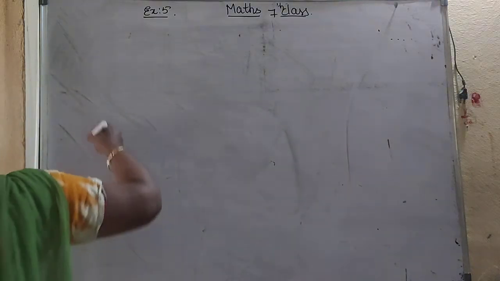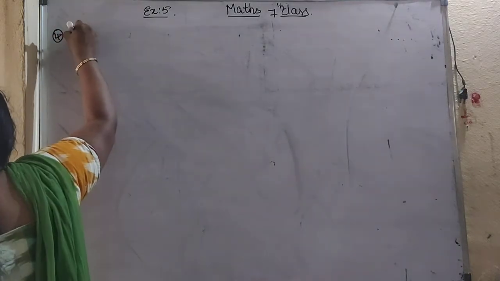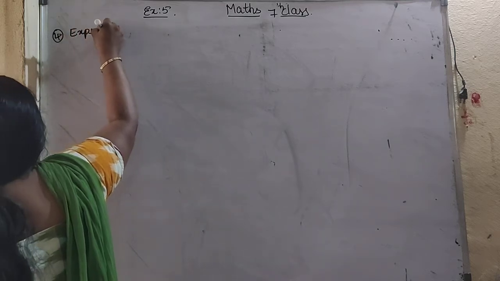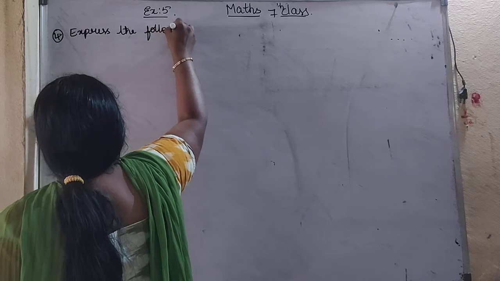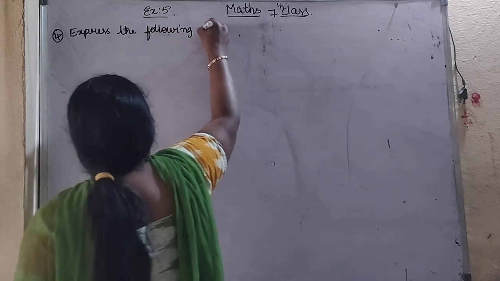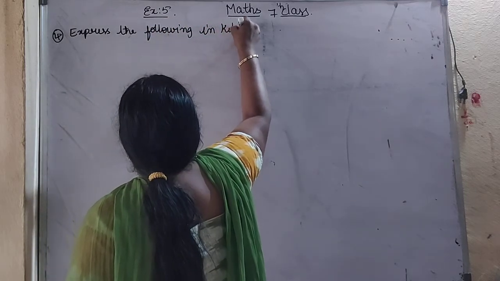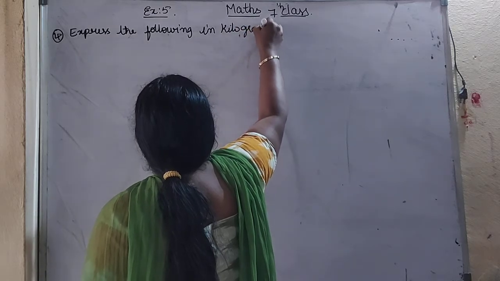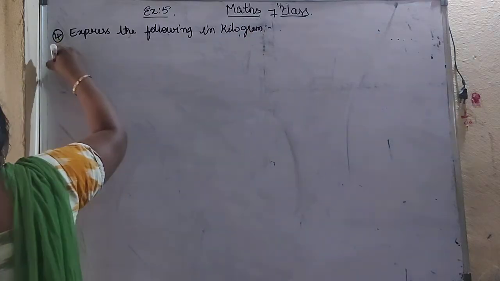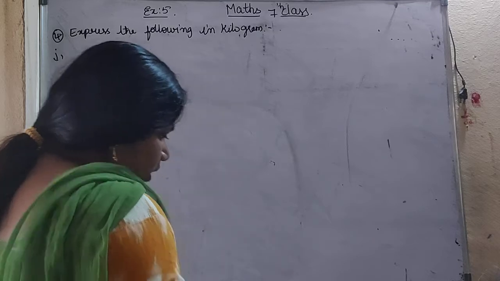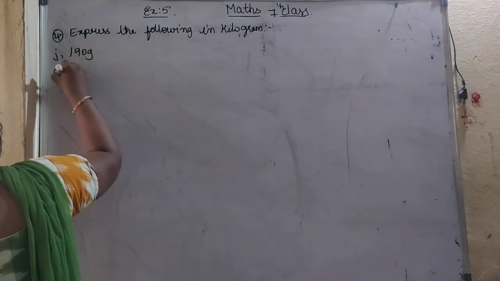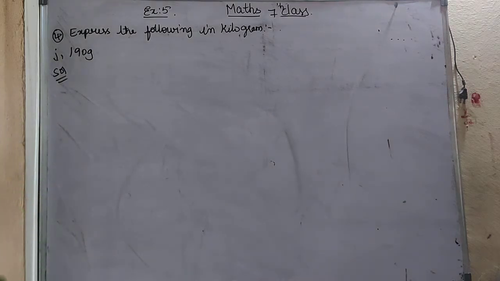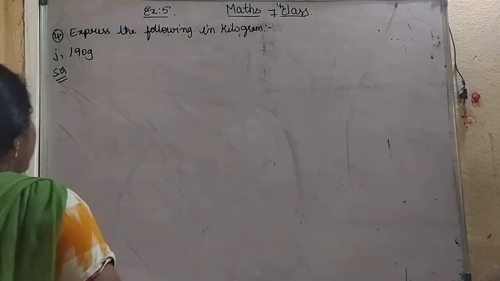Now we have to express the following in kilograms. What is the first one? The first one is 190 grams. So this 190 grams we have to convert into kilograms.